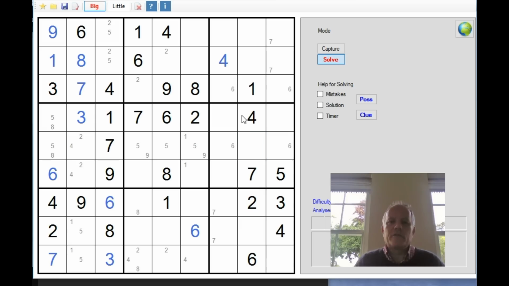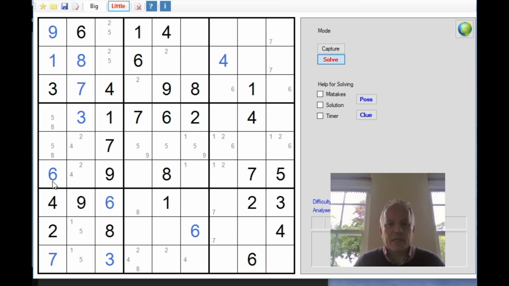Ah, look, there's quite an interesting triple in this box. And I don't know if Josh has seen this or not, but we've got 1, 2, 6 in column 8, and we've got 1, 2, 6 in row 4. Now that means that the only places left for 1, 2, and 6, which must form a triple, are in these 3 squares.